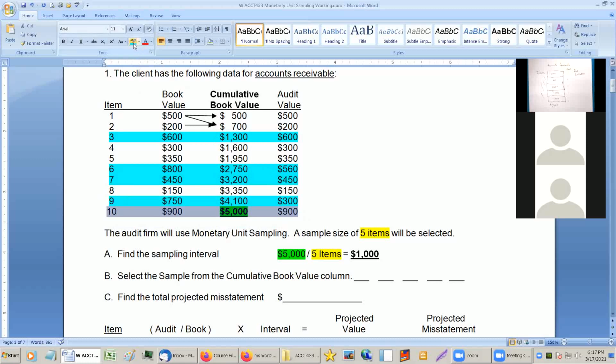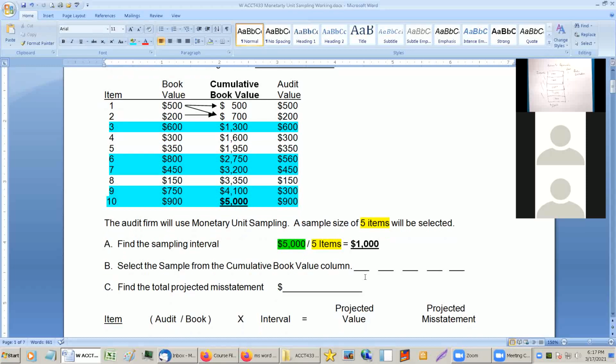Now you could definitely have, and you'll often have, a random start. The random start will be somewhere between 0 and whatever your interval is, and then go on from there. I'm just doing it this way for ease in explaining why we do it that way.